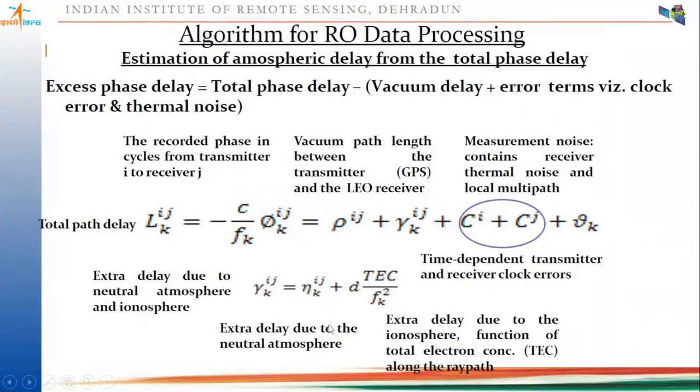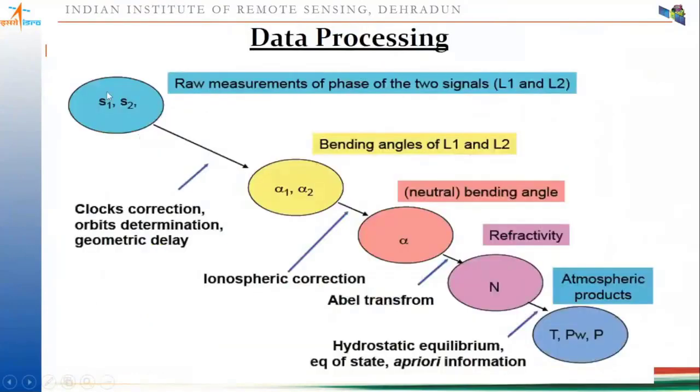What we generally do is take the raw phase measurements from the two signals L1 and L2, do the clock corrections, orbit determination, and find the geometric delay, and from that we find the bending angles. As I was showing in the picture, the ray will be bending. We can find the bending angles for both L1 and L2 signals, and from that we do the ionospheric corrections and find the neutral bending angle.